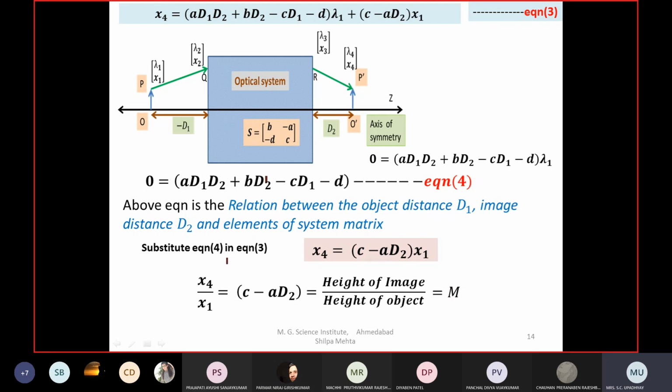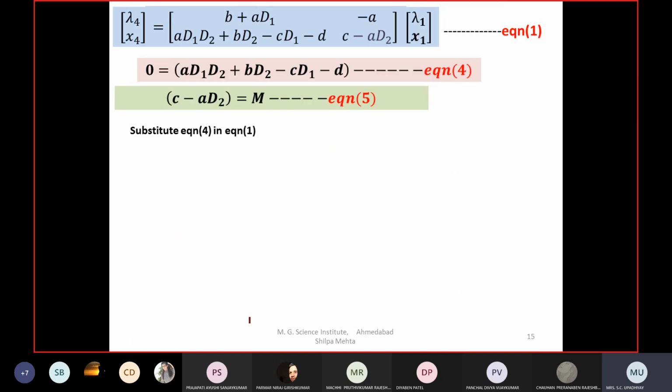So that is called m, and m is defined by height of image divided by height of object, and this magnification can also be obtained using the element c, image distance d2, and a, element of system matrix. So c minus ad2 equal to m, and that is our equation number 5. So for any optical system, magnification can also be found out using this equation.